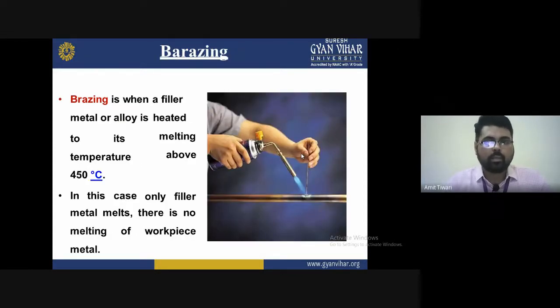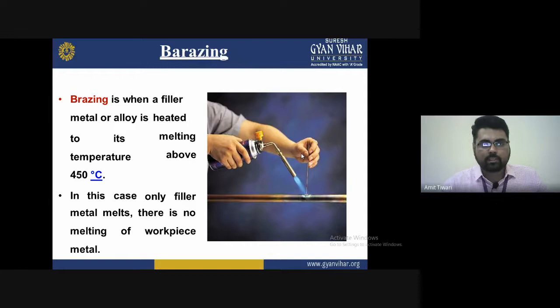Now the second term is brazing. What is brazing? It is also a type of metal joining process, with some advanced features. Brazing is when a filler metal or alloy is heated to its melting temperature above 450 degrees Celsius.